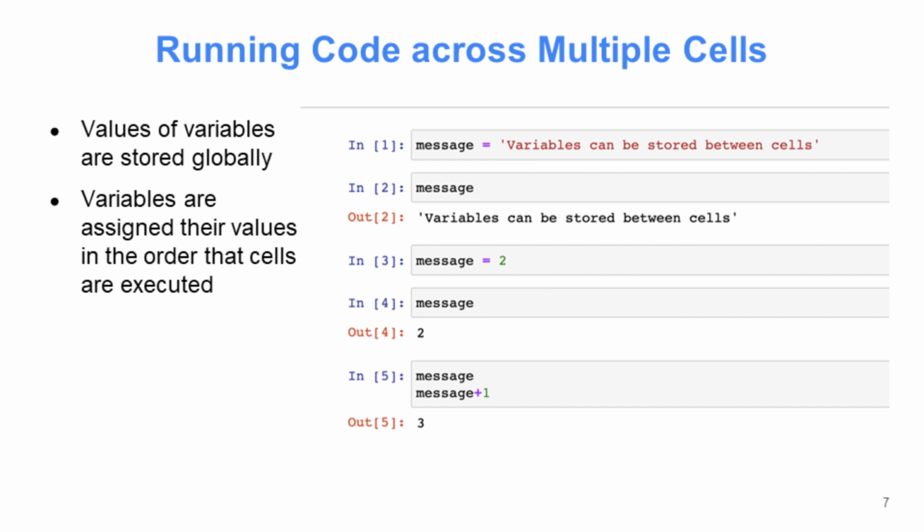Here it has a string, and then we assign the number 2 to it. It takes that value 2, and then if we assign to it +1, it will produce the number 3. So initially it was a string, and then it was converted into an integer by the assignment of the number 2. The whole point here is that it can preserve the values from cell to cell. So the value is getting stored. If you guys can try to type this code and then test it to see that it works.